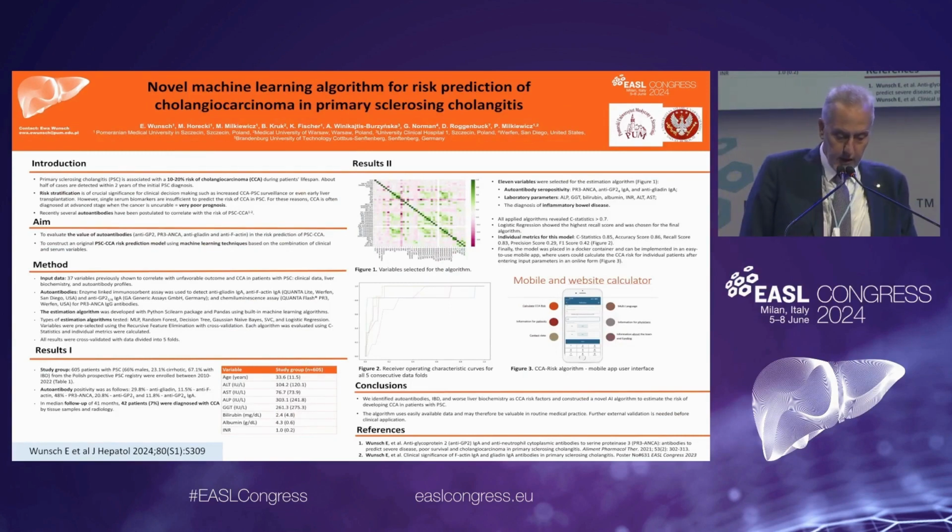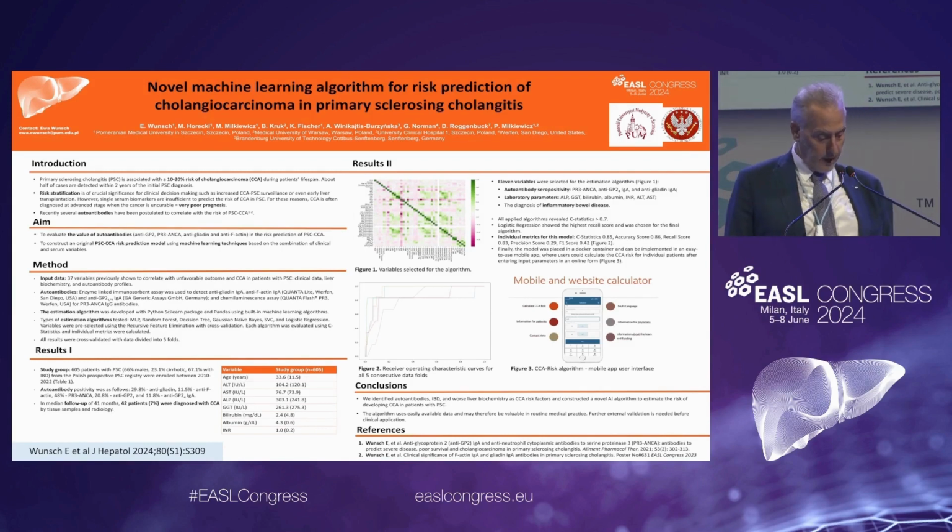Here is a nice study in more than 600 patients with PSC from the Polish prospective PSC registry, where the authors tried to construct an original PSC cholangiocarcinoma risk prediction model using machine learning techniques.